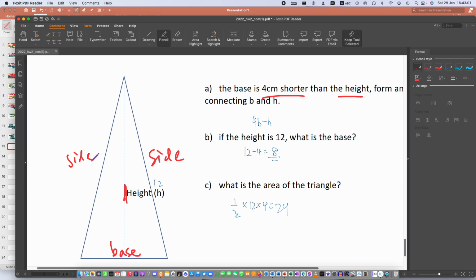So you see, the base is 4 cm shorter. So how do you get the base? Okay, very good. Look at the simple example.